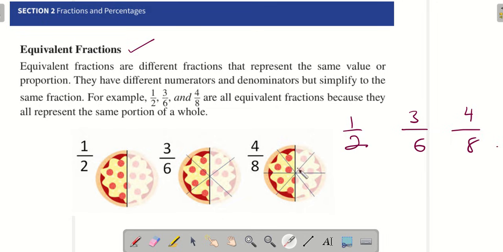We have been able to ascertain that the left part here is just 1 out of the entire division. Just dividing it once, you will get 1 out of 2.